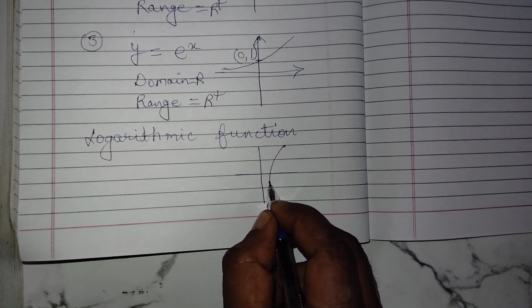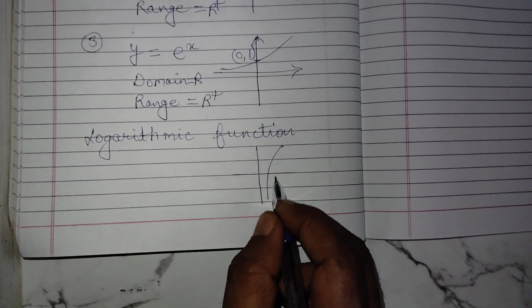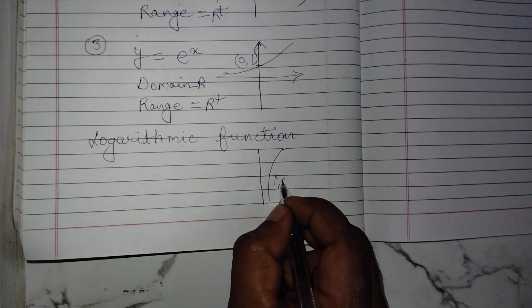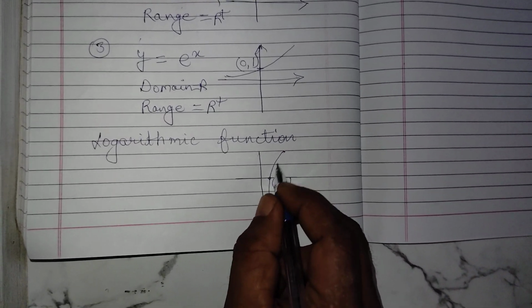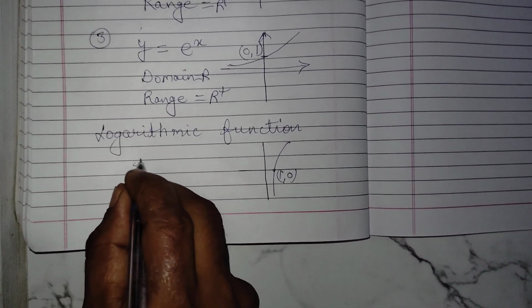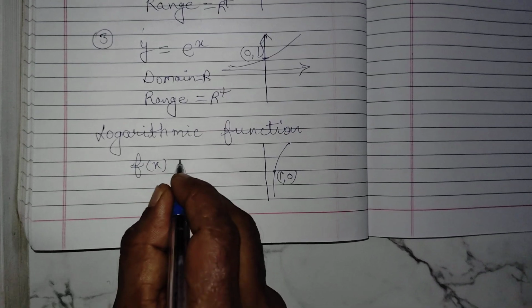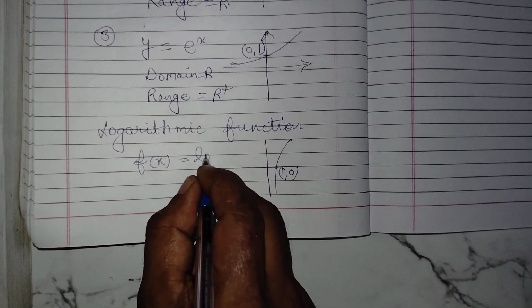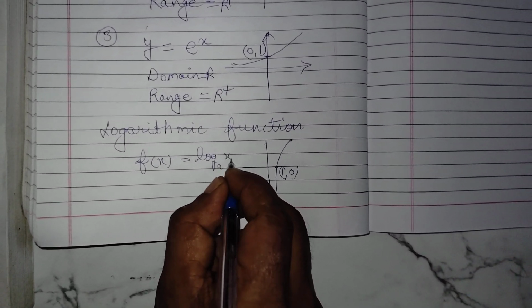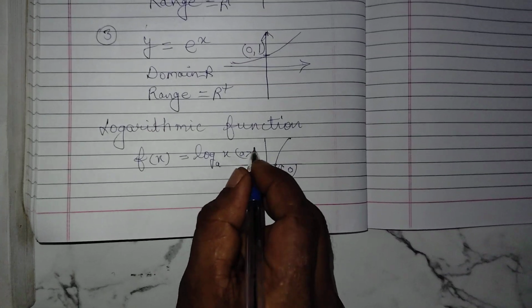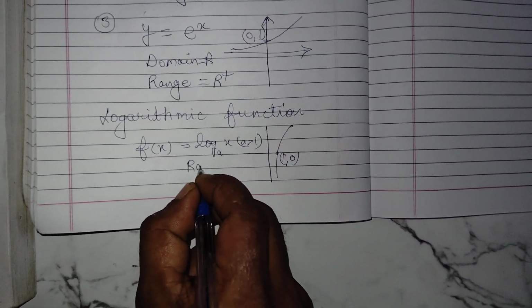Its graph is in this way, in the first and fourth quadrant, and its coordinate is 1, 0, where this function meets the x-axis. And the equation of the logarithm function is f of x equal to log base a of x, where a is greater than 1.